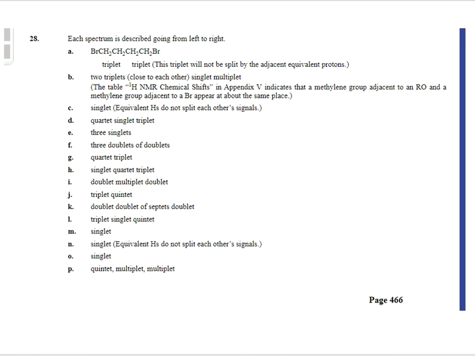These are the example answers to A through P. Pause the video, match it to what you did, and see if they are exactly the same. And if not, where's the problem? Where did you go wrong? That way you understand your mistake and you know not to make that mistake all over again.